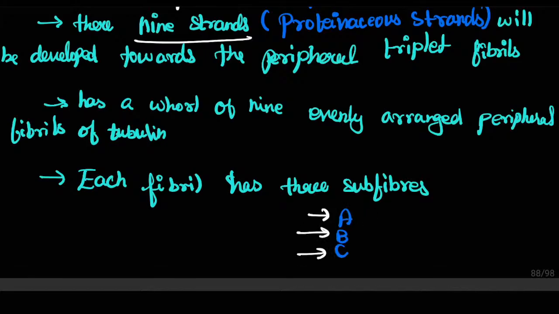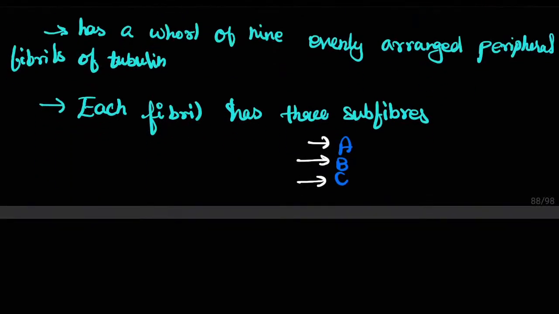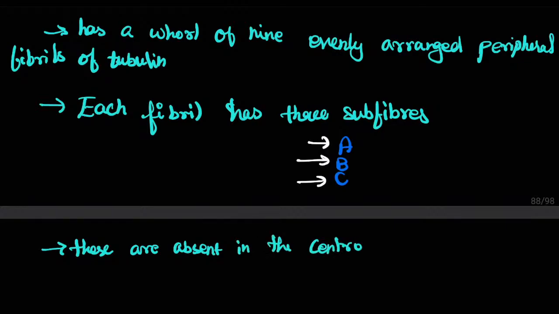A, B, and then it is known as C. Similarly, these are actually absent in the center. So because of that, we will be calling it as 9 plus 0.